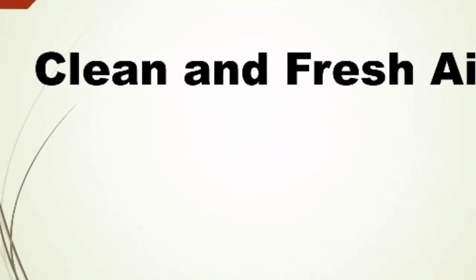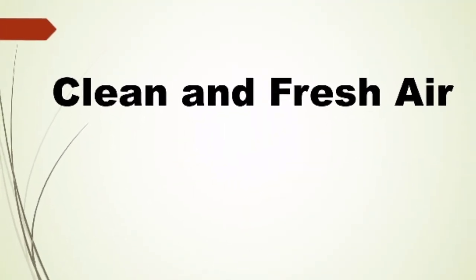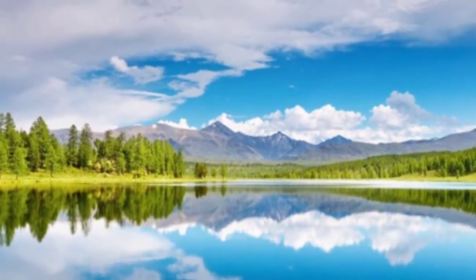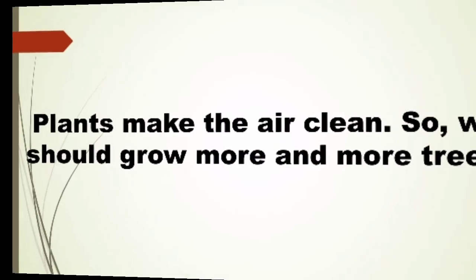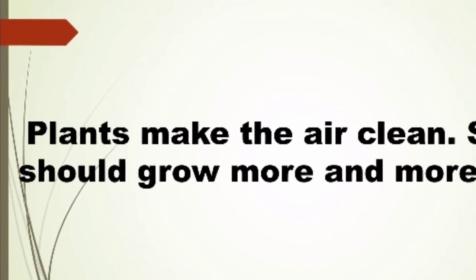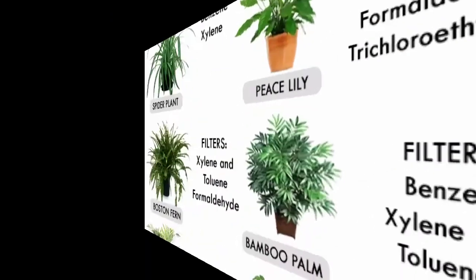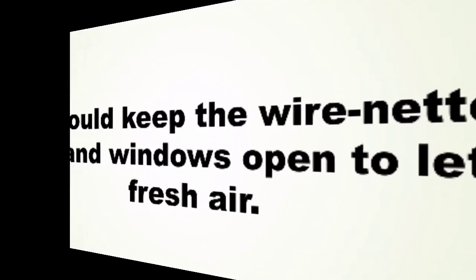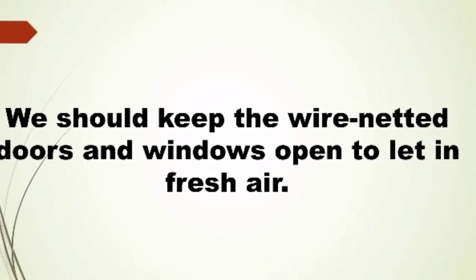How to get clean and fresh air? Now, students, as you know, plants make the air clean, so we should grow more and more trees. We should keep the windows and doors open to let in fresh air.